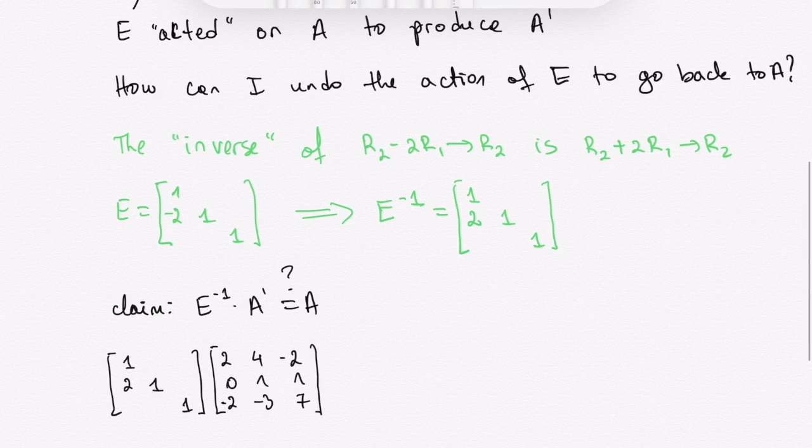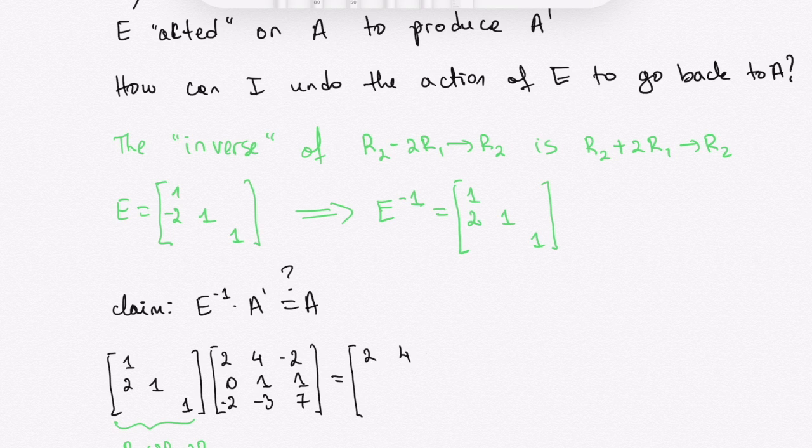Now I can carry out this multiplication as multiplication of matrices, or I can simply remember that this matrix represents the operation R2 plus 2R1 into R2. So I can just apply that operation on the matrix A prime, and that's exactly what I'll do just because it's easier. And immediately I see that the first and the third rows need to stay the same. So really I just have to focus on computing that second row.